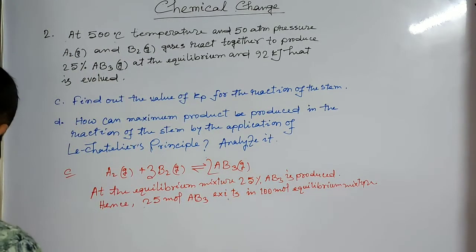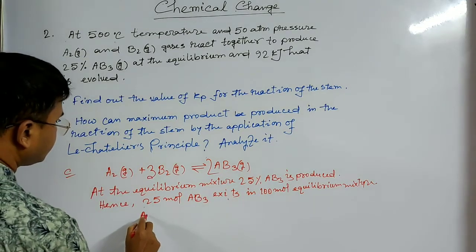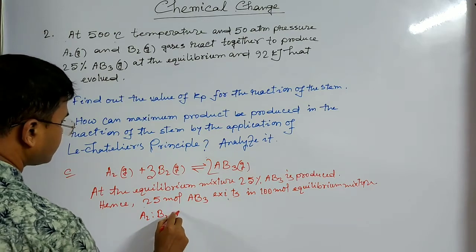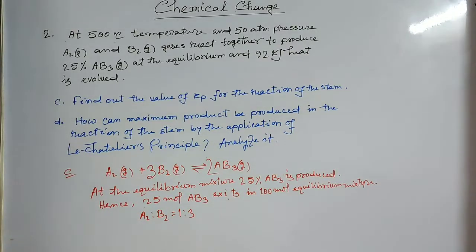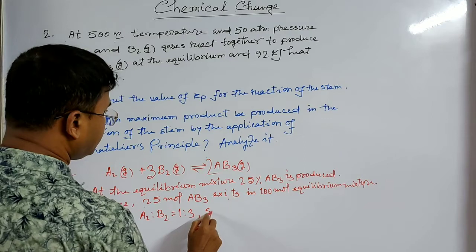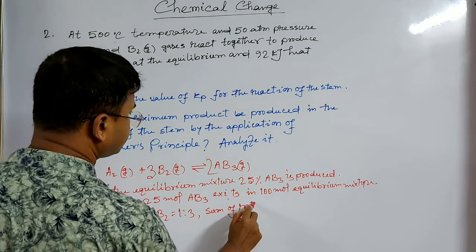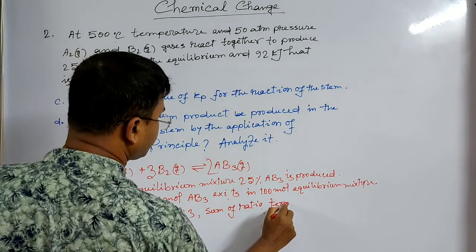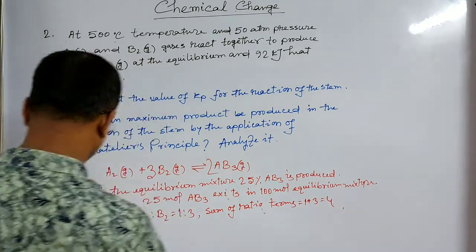Here actually the ratio of A2 to B2 equals 1:3. Here 1 mole and here 3 mole. And the sum of ratio terms equals 1 plus 3 equals 4.